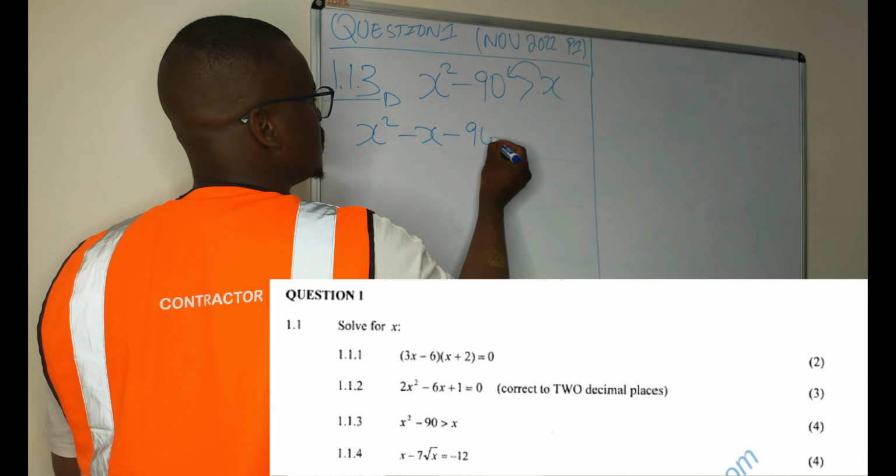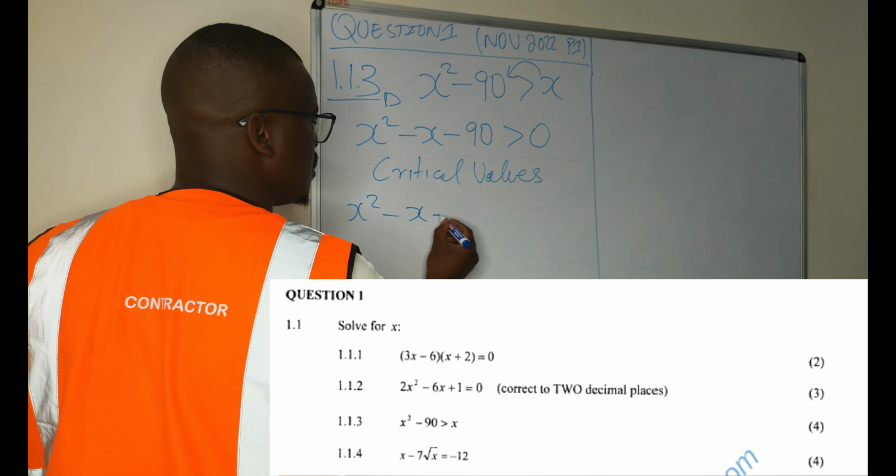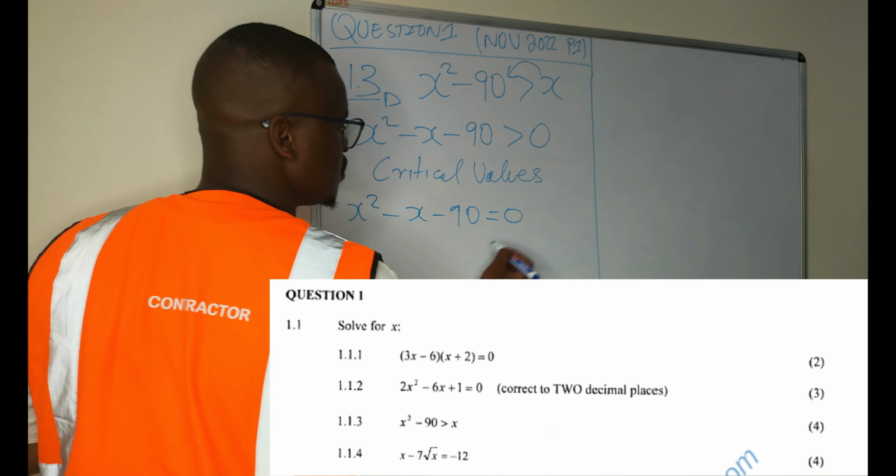So you want to find your critical values here, where this equation of yours is equal to 0. That's what you need to do. Find your critical values. So say, okay, our critical values for x squared minus x minus 90 is equal to 0.